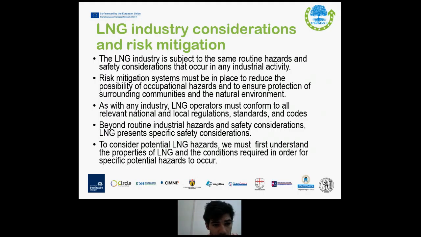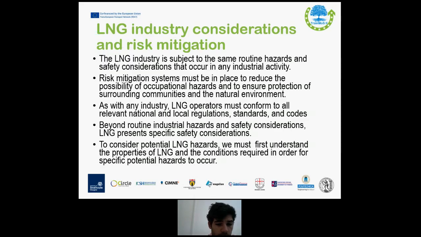LNG industry consideration and risk mitigation. The LNG industry is subject to the same routine hazards and safety considerations that occur in any industrial activity. Mitigation systems must be in place to reduce the possibility of occupational hazards and to ensure protection of surrounding communities and the natural environment.